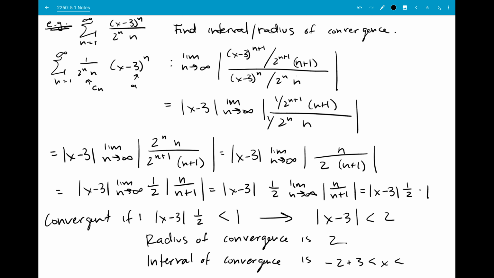So that just gives you 1 is less than x is less than 5. So that part is just algebra. And if you want to use bracket or parentheses notation, that's just open parentheses 1 to 5.